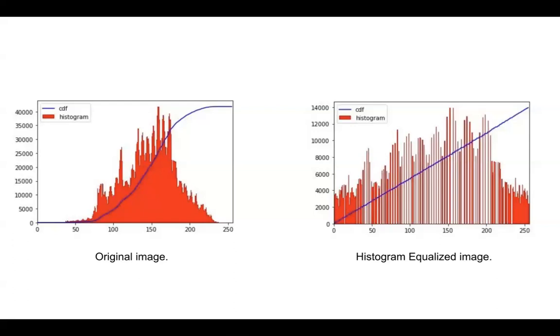By a straight line, the number of pixels in the low intensity region and the high intensity region will become similar, so that the cumulative density function will increase linearly with the intensity.